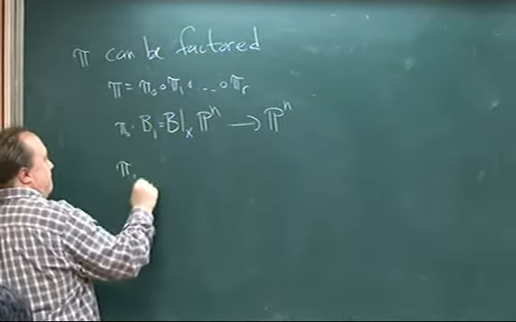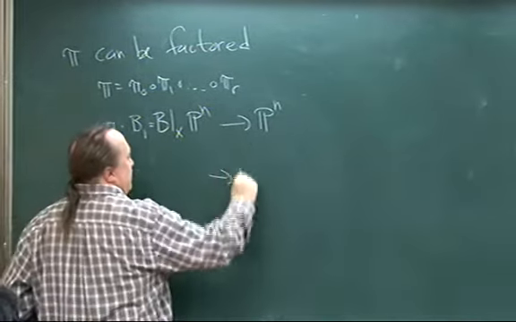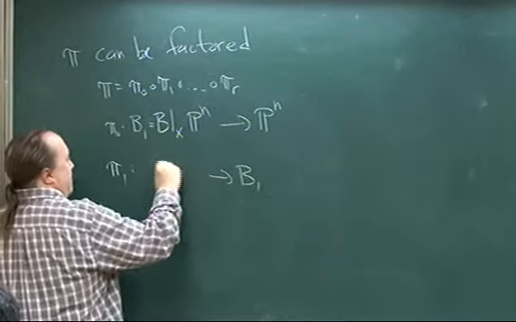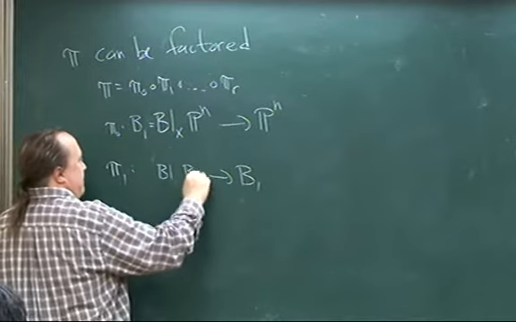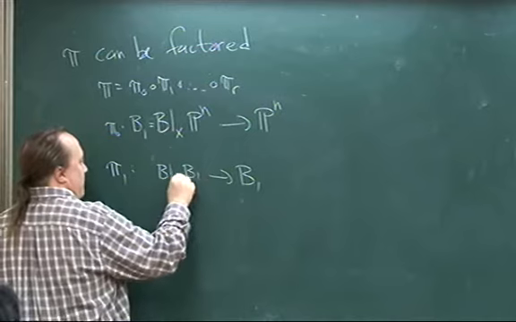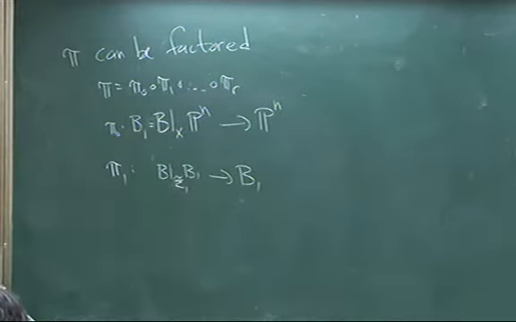Pi 1 goes to B1. This is the blow-up of B1 along the proper transform of the secant variety.